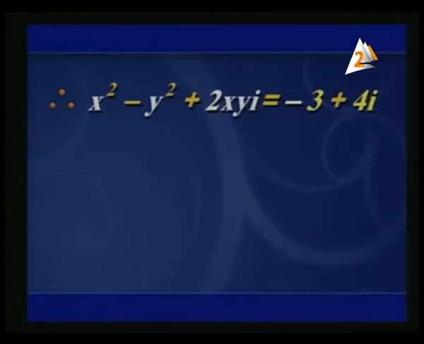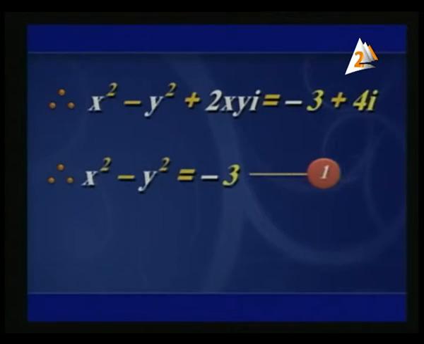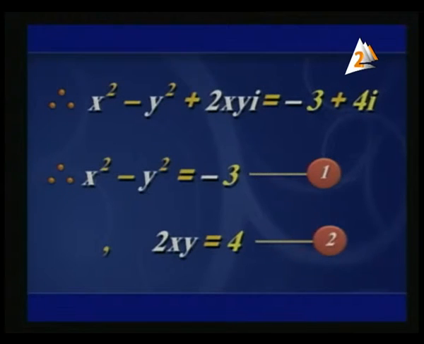Therefore, x squared minus y squared plus 2xyi equals negative 3 plus 4i. Therefore, the real part: x squared minus y squared equals negative 3, and the imaginary part: 2xy equals 4. This is equation number 2.